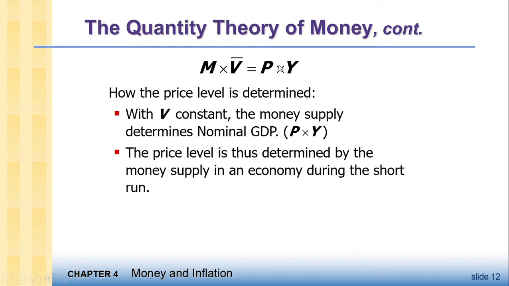Why are we saying this? Because in the short run, or in a small one-year economy, we already know that real GDP can be constant as well. So M V bar equals P Y bar, and therefore a 1% increase in the money supply would determine the percentage increase in the price level.